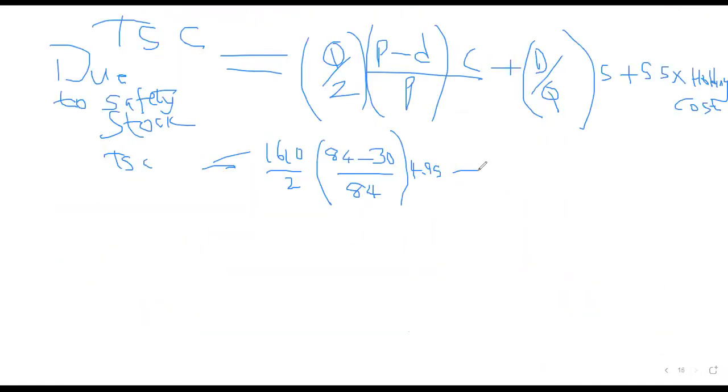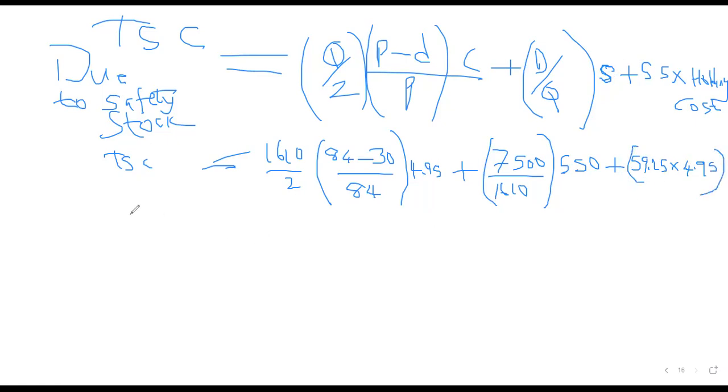Then plus the demand, 7,500, over Q, 1610, times S, 550. This is our setup cost, which is our S. Then our safety stock was 59.25 times the holding cost, which is 4.95.